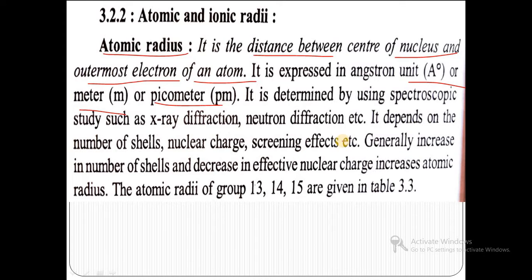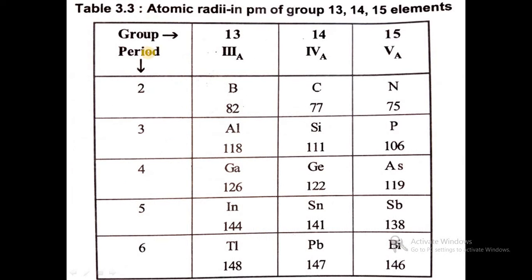Generally in the case of p block elements, it increases with the number of shells and decreases with effective nuclear charge. That is, the atomic radius in groups 13, 14, 15 goes on increasing because their outermost shells go on increasing along periods 2, 3, 4, 5, 6.